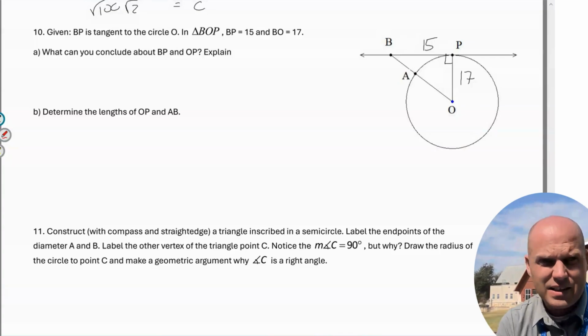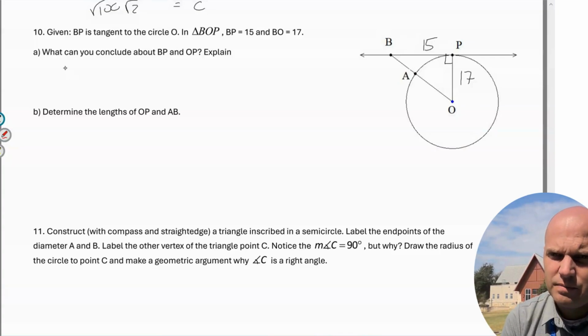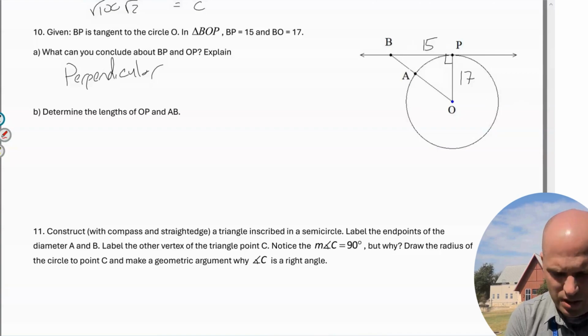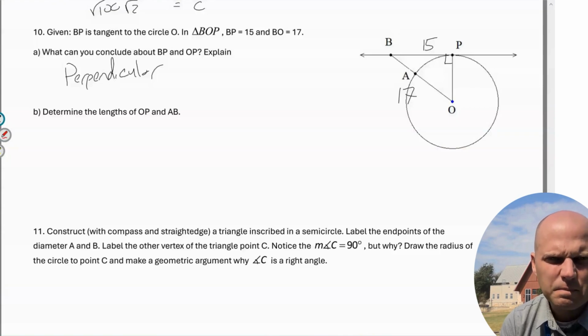They are the legs of, oh, they're perpendicular. Oh, wait, BO is 17. Okay, well, we've got to find OP.